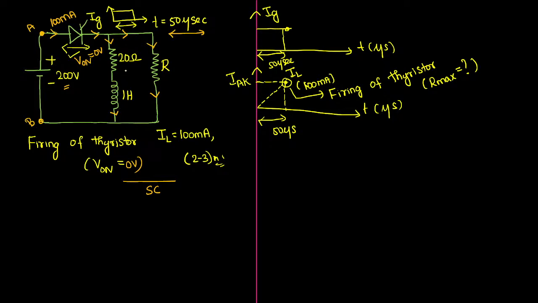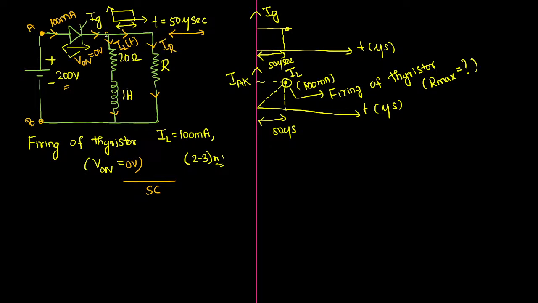Let us see how to analyze these things. Basically, there is one RL circuit, a 20 ohm resistor and a 1 Henry inductor, both connected in series, forming an RL transient circuit. The current flowing through that circuit I am writing as IL of t, and the current flowing through the resistor I am writing simply as IR.